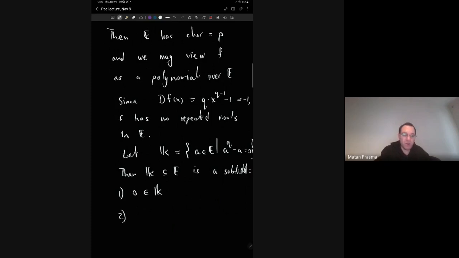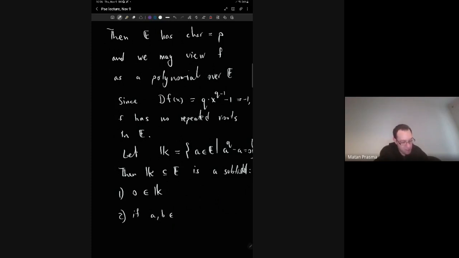Now, suppose I take two roots and I add them together. I want to know that K is closed under addition, but I also want to know that K is closed under additive inverse. There is a quick way to do both of these axioms in one go.